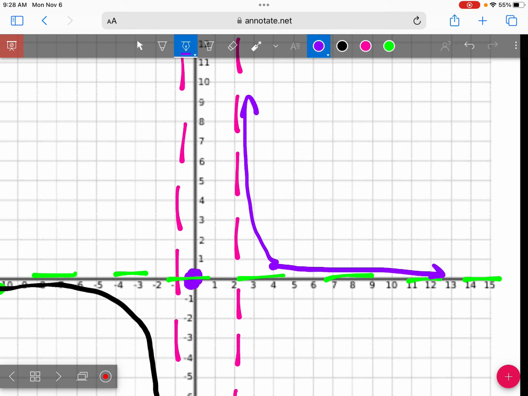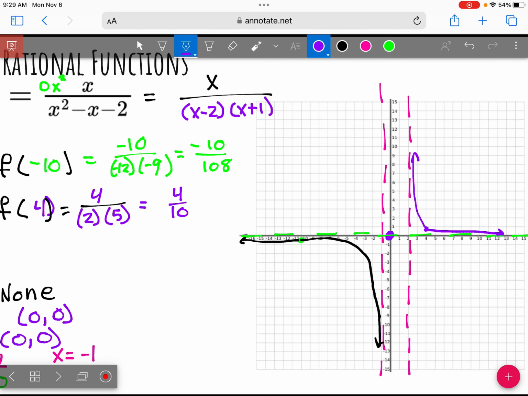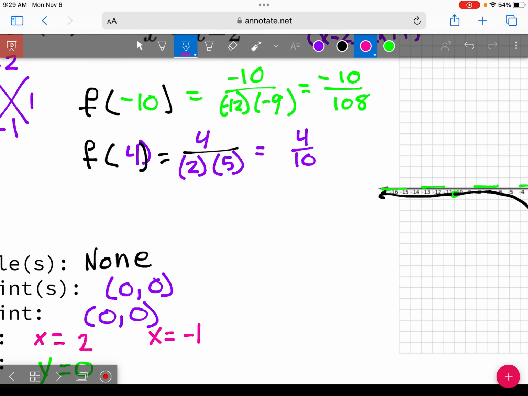Okay. So then we still need to figure out what's going on in between the asymptotes. So let's go with our whole number that's not been used yet. Let's use 1 that's in between here. So let's do f of 1.